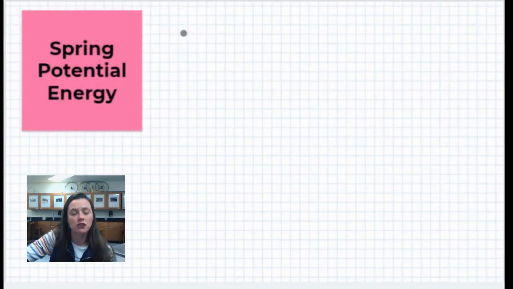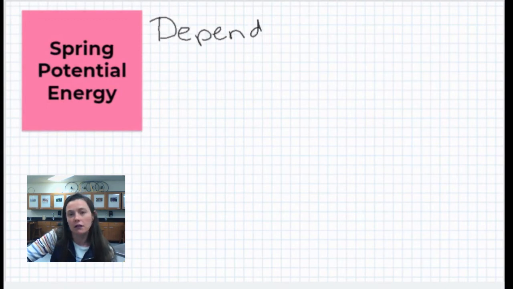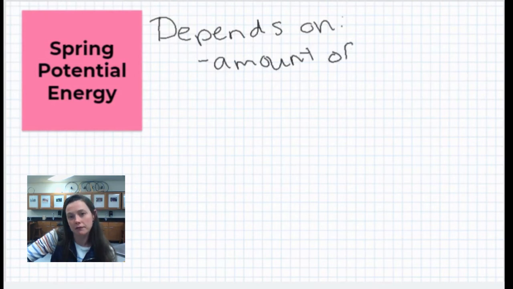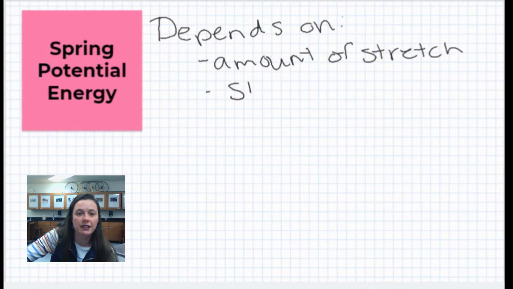The last form of energy that we will really study in depth is spring potential energy, sometimes thought of as elastic energy. This energy depends on the amount that a spring is stretched, as well as the stiffness of the spring.